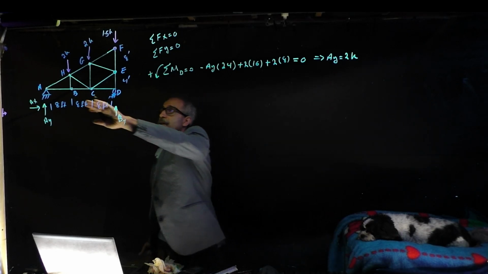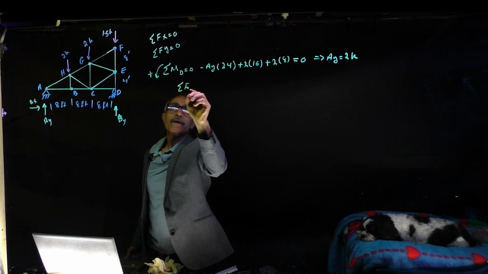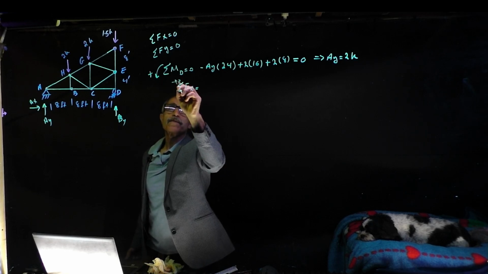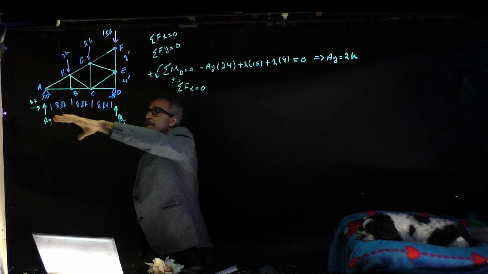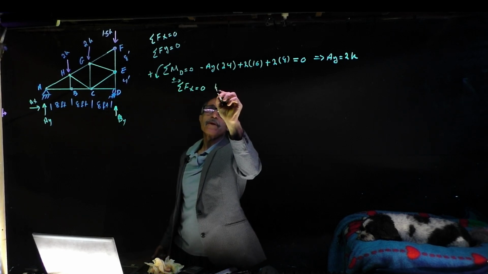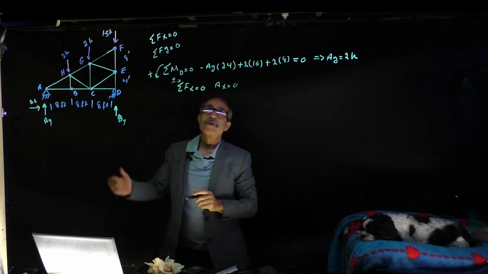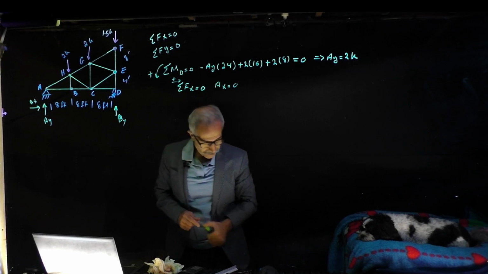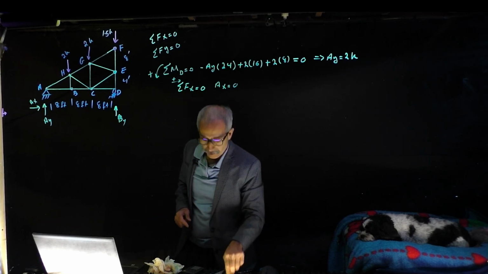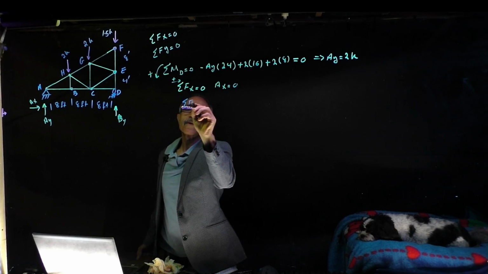So now at the same area, we're going to do summation Fx, going right is positive, equal to 0. I have no x value here, so AX comes out to be 0. AX is equal to 0. And if I do summation Fy for the entire body, summation Fy is equal to 0.